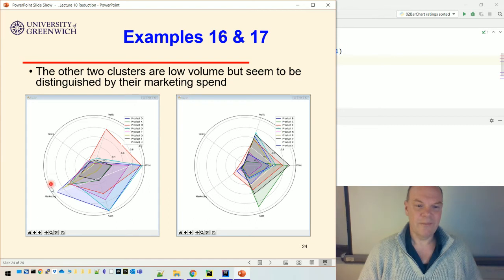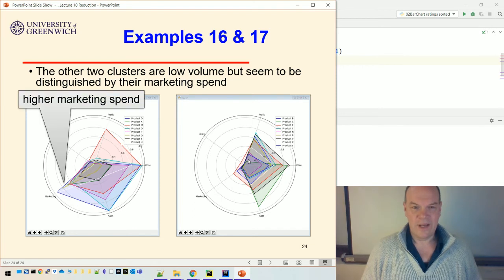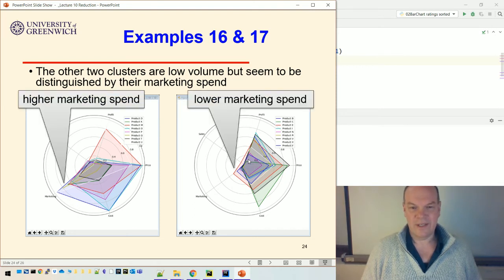Whereas if I look at the marketing, all these products are high marketing, and all these products are low marketing. So actually, it seems like the other two clusters are both low volume, but they seem to be distinguished by their marketing spend. It's not always possible to give an exact right answer about this, but hopefully that gives us a sense of what's driving these clusters. So that's the higher marketing, lower marketing.